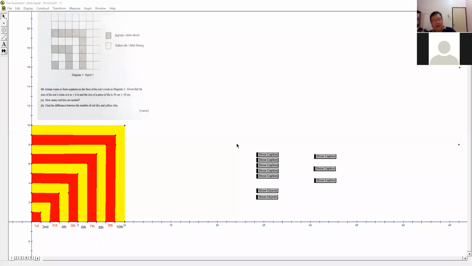We are going to tile the room, which is of size 6 meter by 6 meter, and each piece of tile, which is equivalent to this red color here, is 30 cm by 30 cm. We are going to calculate how many tiles are needed. So you understand the problem already? Okay, then I carry on.